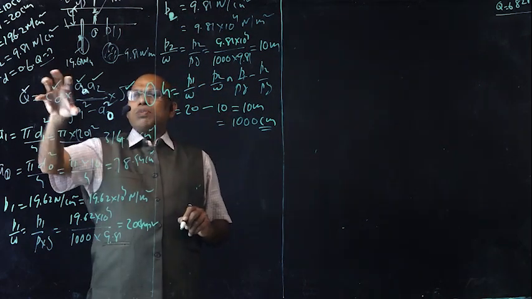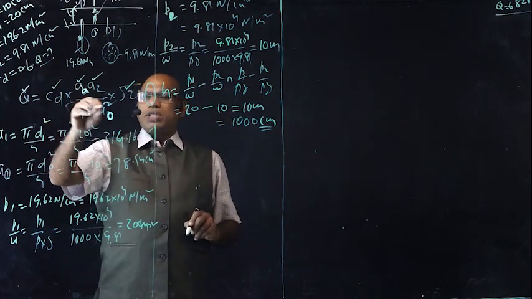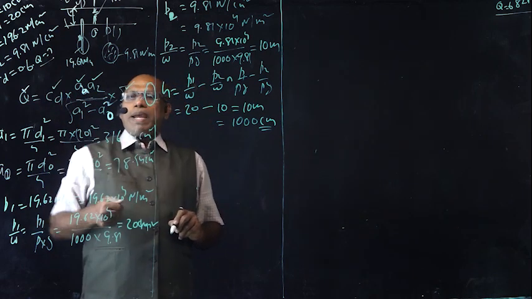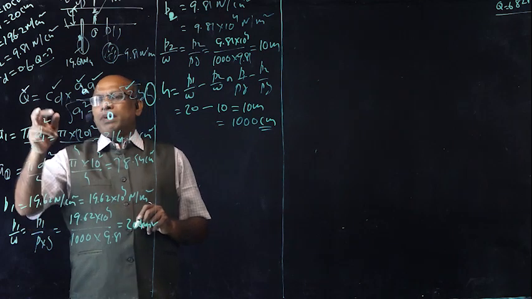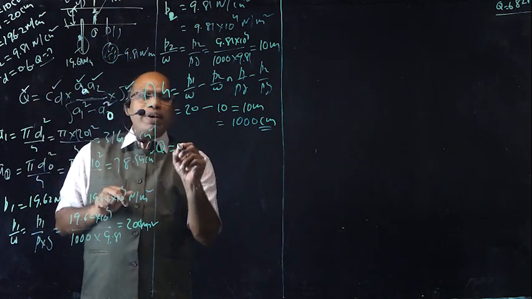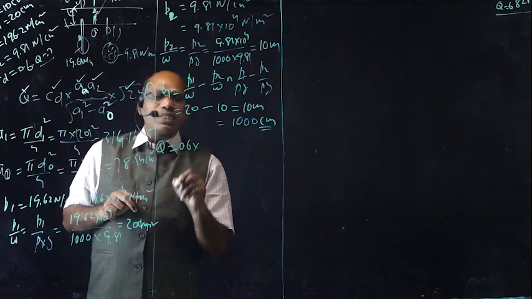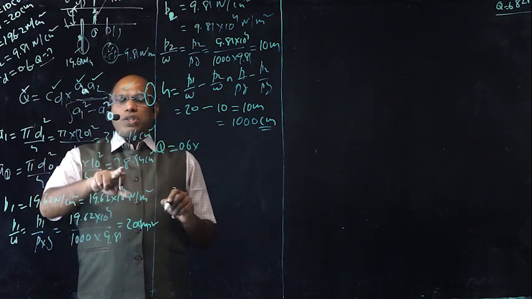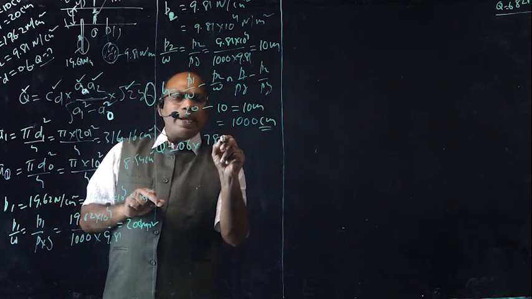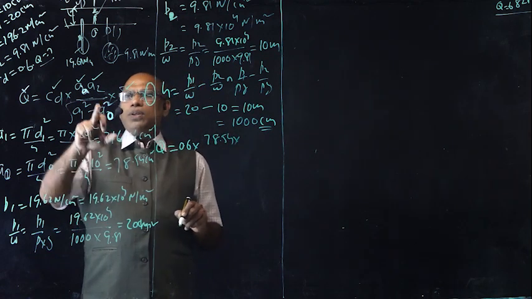Now we are going to substitute the values in this equation. Finally, we have the flow discharge in the pipe, the rate of flow in the pipe. Right? Therefore, Q is equal to CD, given as 0.6, into A0. A0 is determined, the area of the orifice, equal to 78.54, into A2.